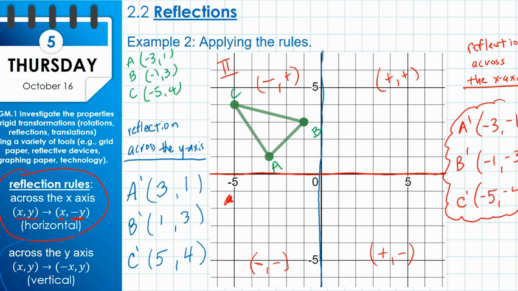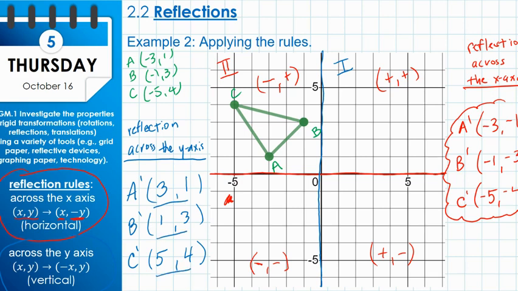If I'm reflecting across from quadrant 2 to quadrant 1, quadrant 2 to quadrant 1 goes from negative positive to positive positive. Both of my coordinates are positive.